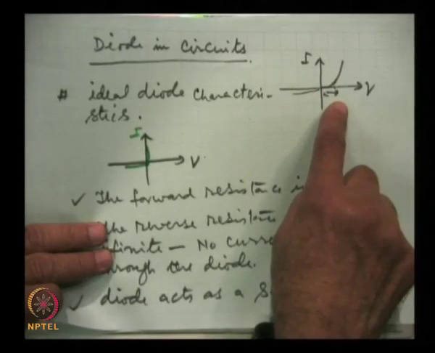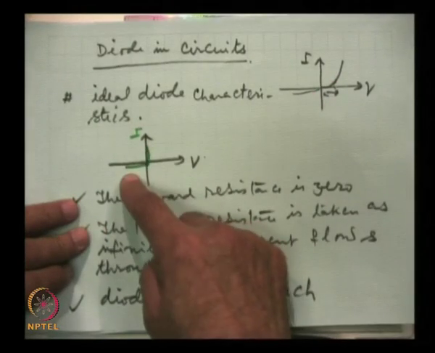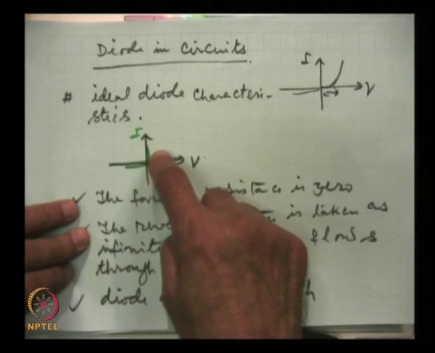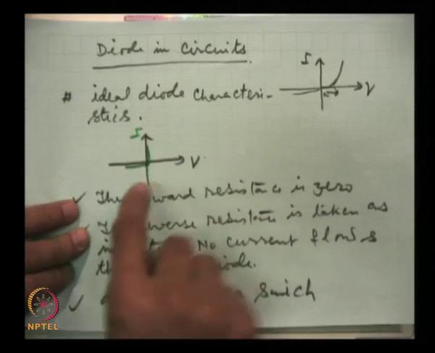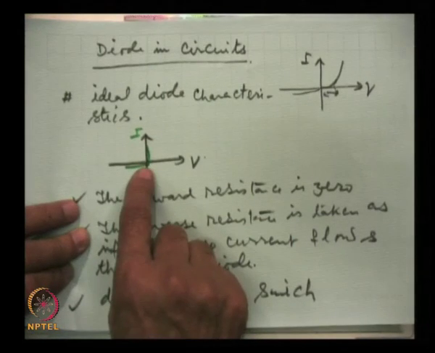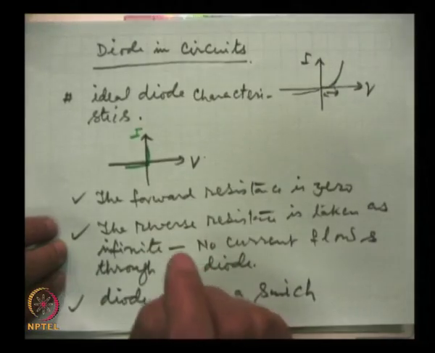Depending on how much precision we require in our analysis, I have given 3 different sets of characteristics. These were the real IV characteristics, and these are the idealized diode, so the forward current was taken as very high and the forward resistance was taken as 0, while the reverse resistance was taken as infinity.